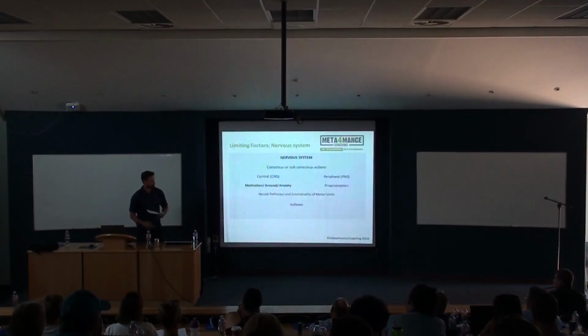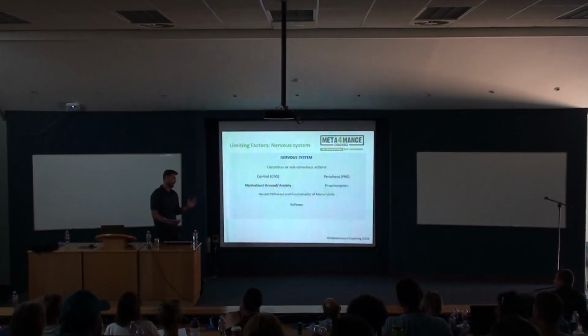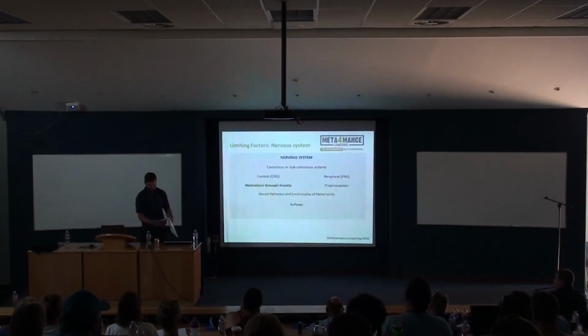We're not going to go too much into the endocrine system because that's going to be a talk on its own. There are obviously going to be more limiting factors to think about when designing programs, but the three that I've just mentioned are pretty much the main ones.